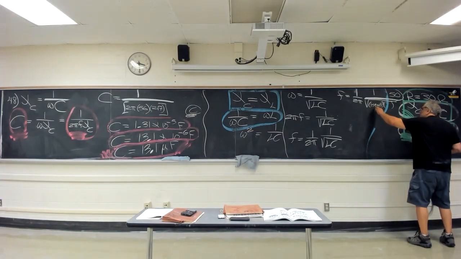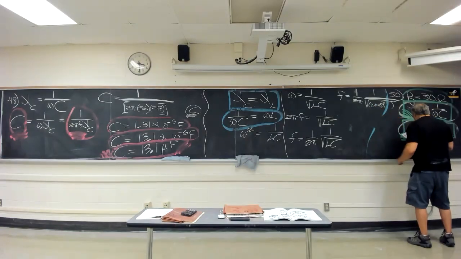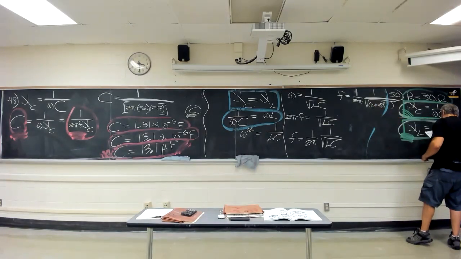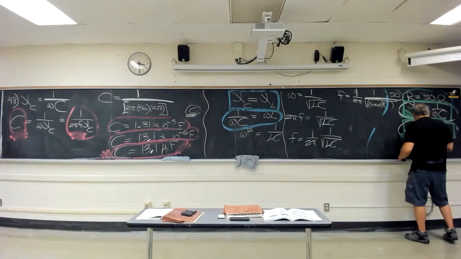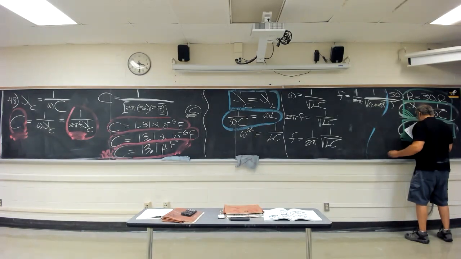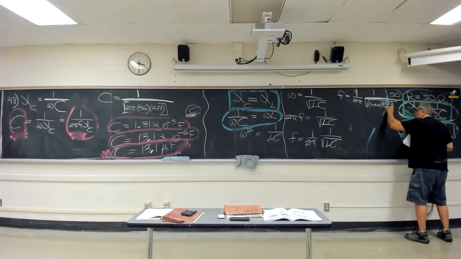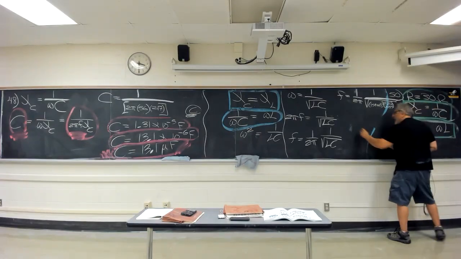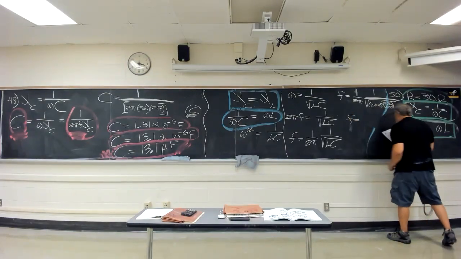The inductance is 154 times 10 to the negative 3 henries. The capacitance is 1.22 microfarads, which is 1.22 times 10 to the negative 6. It's a little bit of a mess, but certainly reasonable.